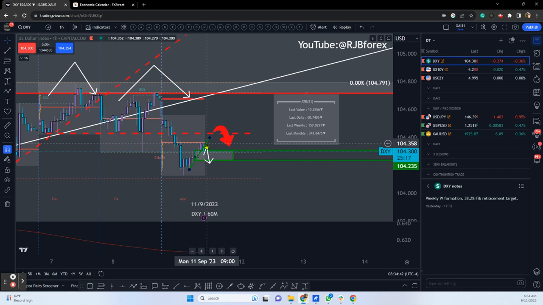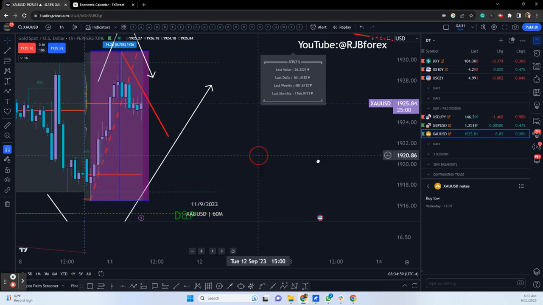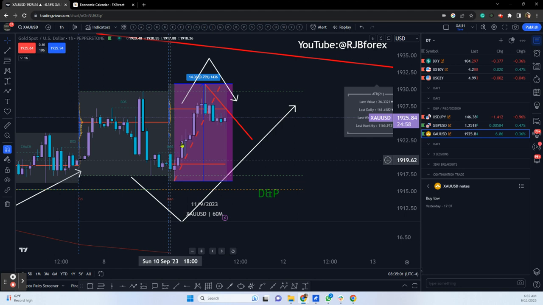So we could have a spell above the point of control and that resistance up in here, and therefore that would be in line with a sell-off in gold, which at the moment for me, if you look at that chart, is the more favourable outcome.